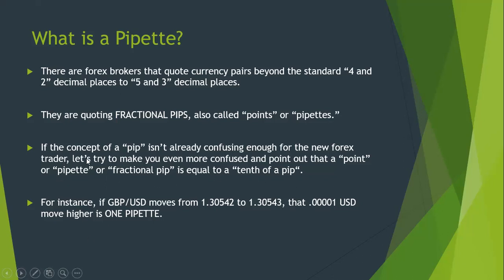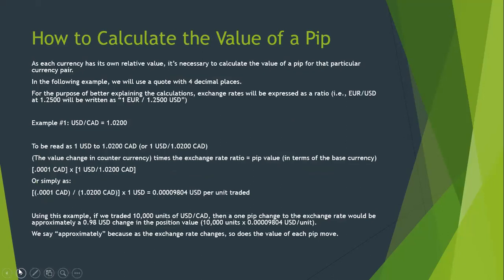The aim here is to understand the fourth digit is a pip, and if we see 5 decimal places, the fifth number is what we call a pipette. That's it. So let's see how to calculate the value of a pip.